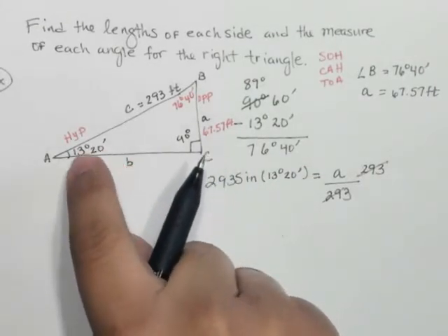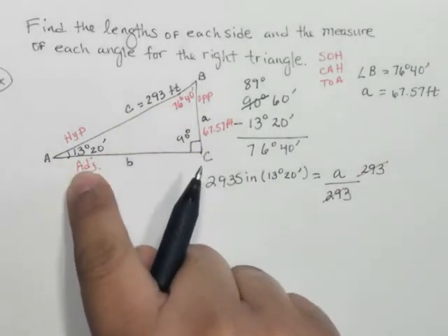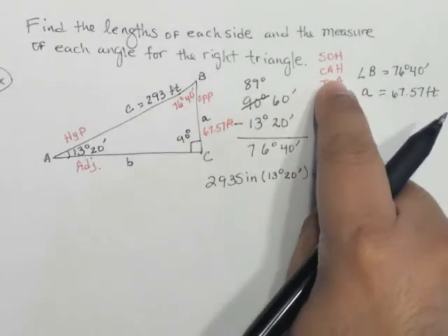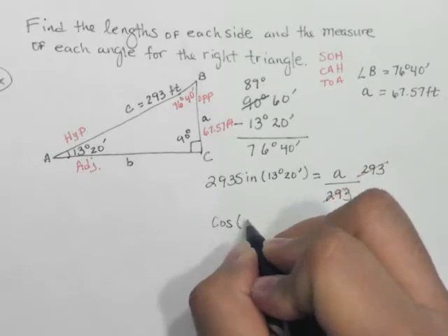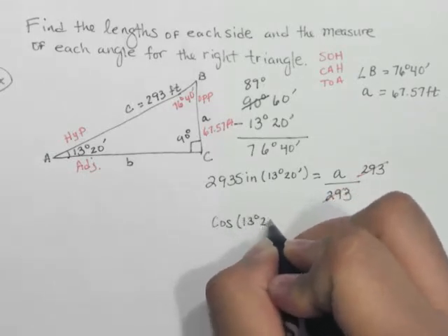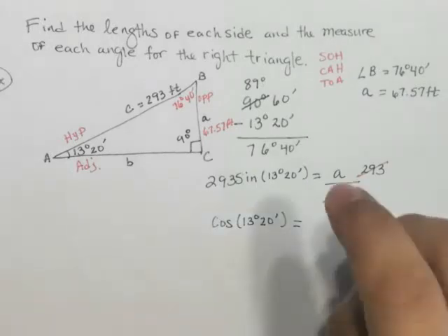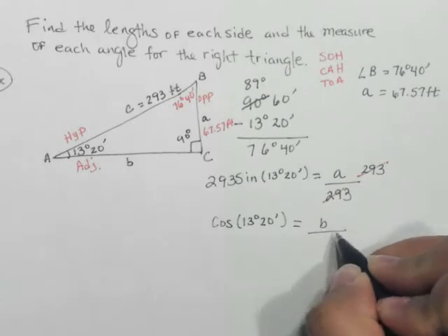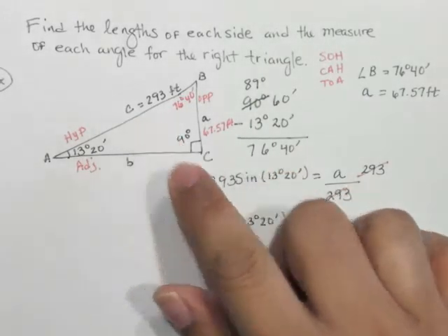So we know the hypotenuse again, and we want to find the adjacent side in this case. So SOHCAHTOA. Well, that's the case for the cosine. So the cosine of 13 degrees and 20 minutes equals the adjacent, which we're going to call side B, divided by the hypotenuse, which we're going to say is 293.